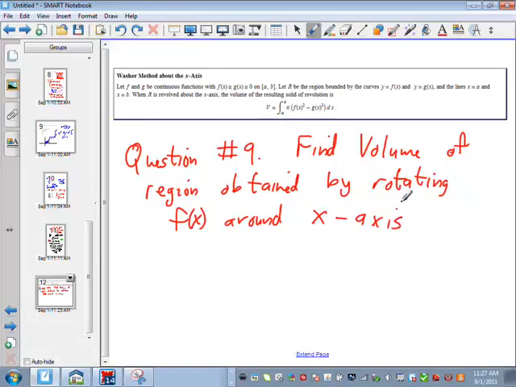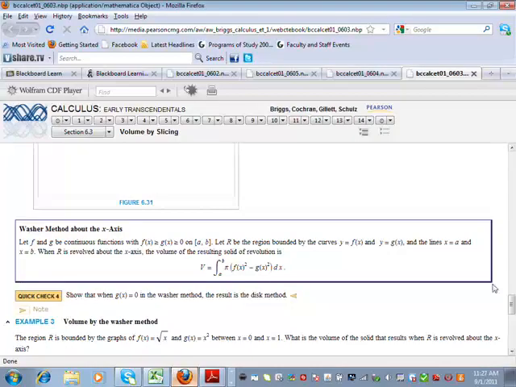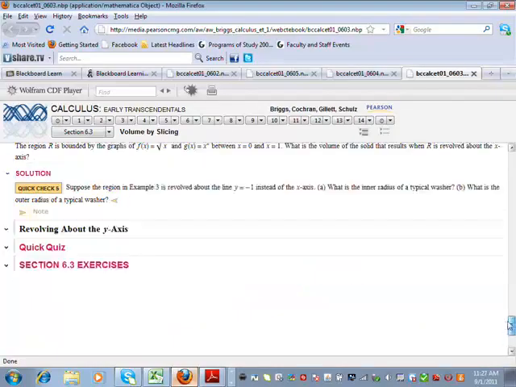Now it could be g of y around the y-axis, but it's the same thing. All right. And I may give you a picture for those too. Given that, let's go ahead and find such examples in the exercises.